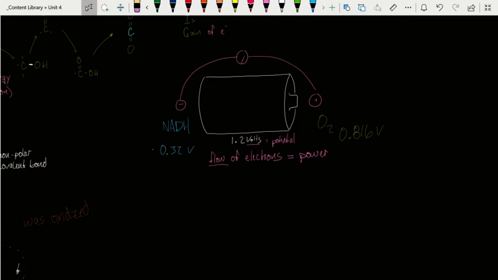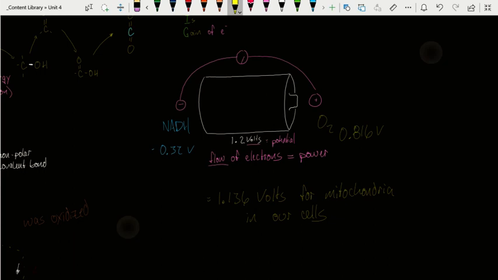The overall voltage is just going to be the difference between these reduction potentials. 0.816 minus a negative 0.32 gives us an overall 1.136 volts for the mitochondria in each of our cells. And what am I going to do with the battery? I'm going to make ATP.